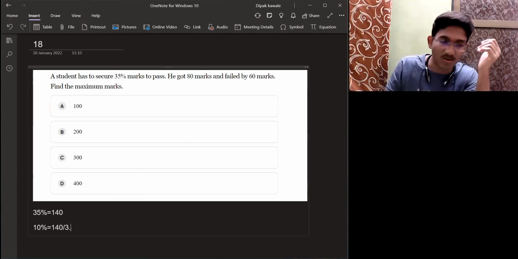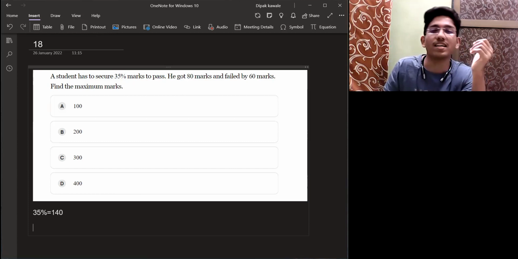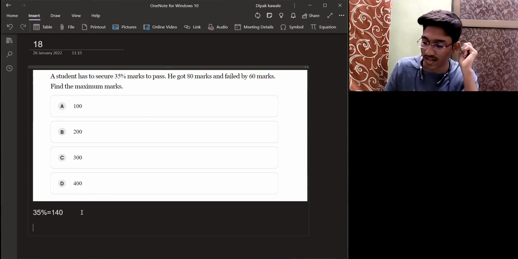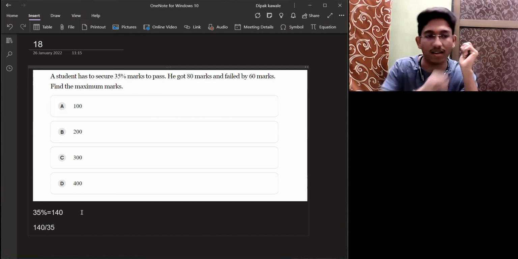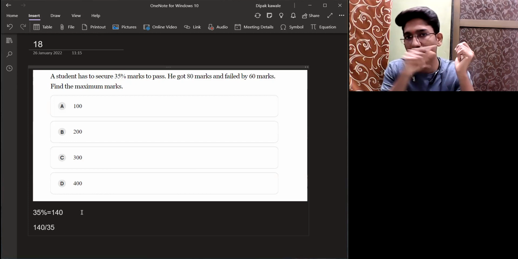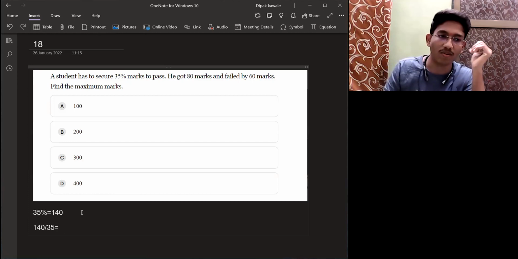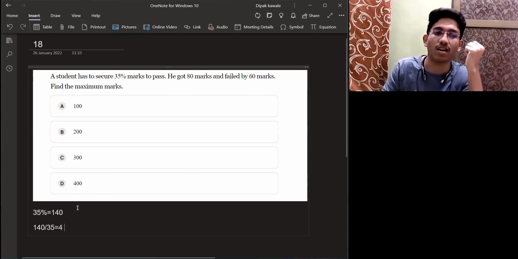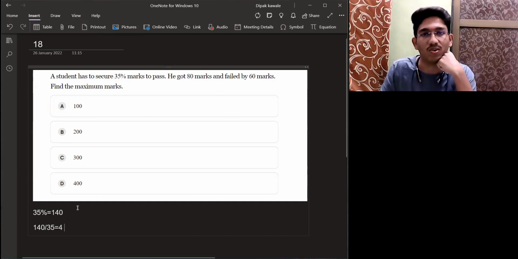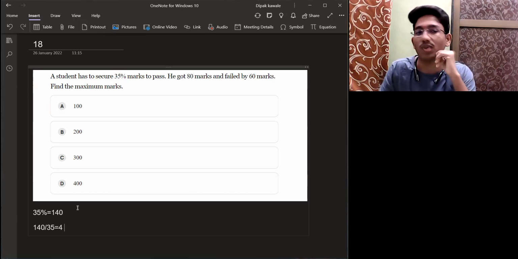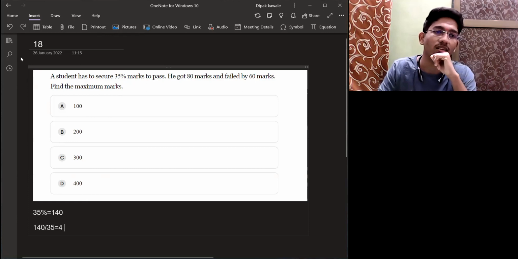So in this situation, instead of finding 10%, just find 1%, that is directly dividing 140 by 35. Directly do that division. So 140 divided by 35 is nothing but 4. So my 1% is 4 and my 100% is 400. So this is my answer.